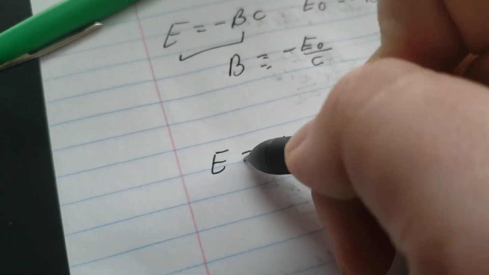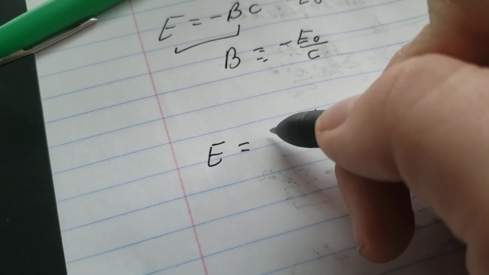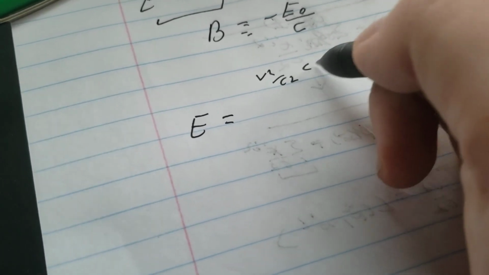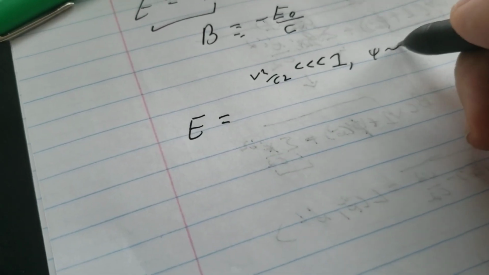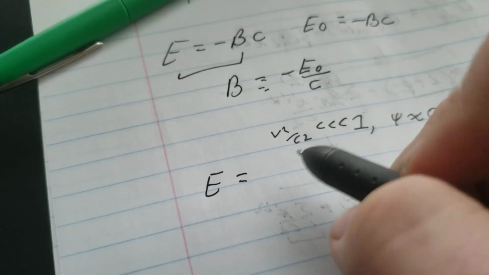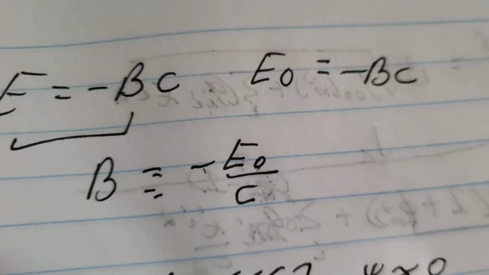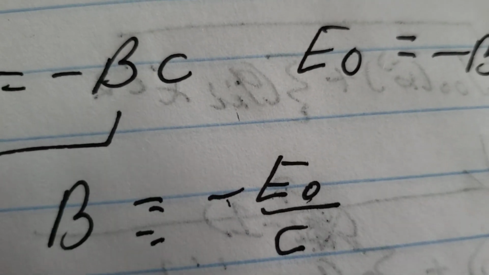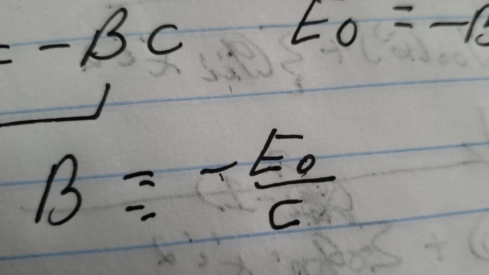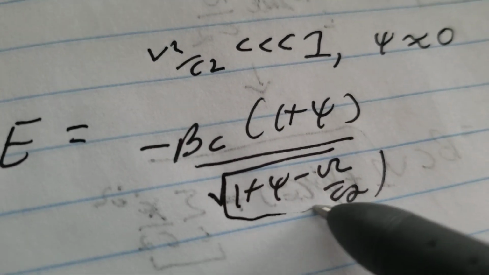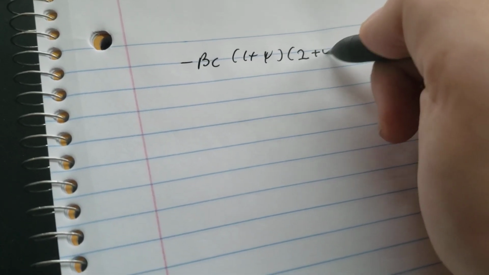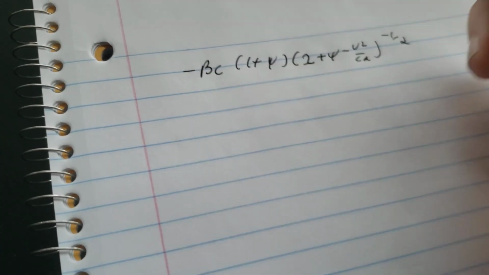And as we consider the limit that the velocities, v squared over c squared, is way less than 1, and that psi, the fluctuation, is fairly small, as we consider that limit, negative BC times 1 plus psi to the negative 1/2 power.